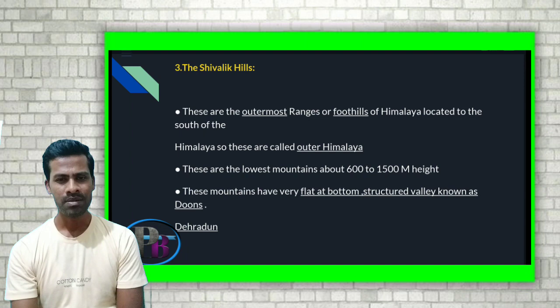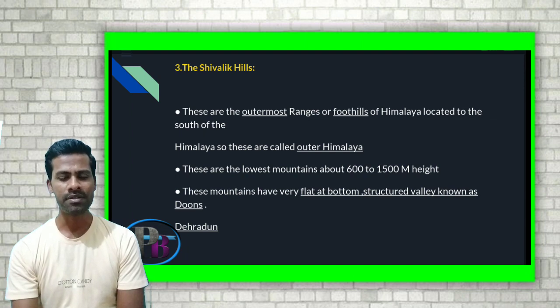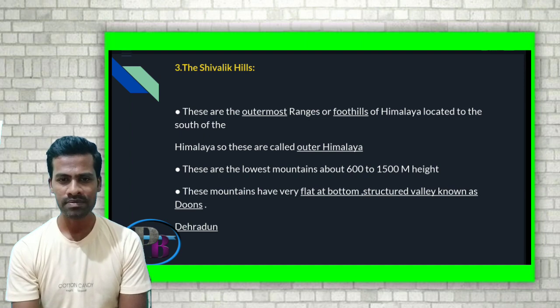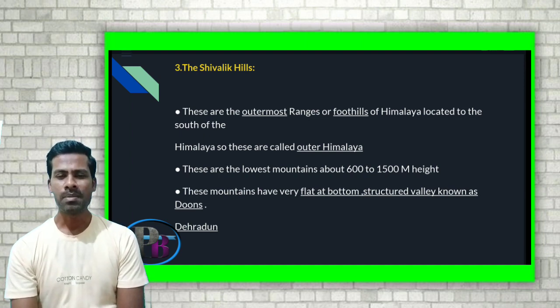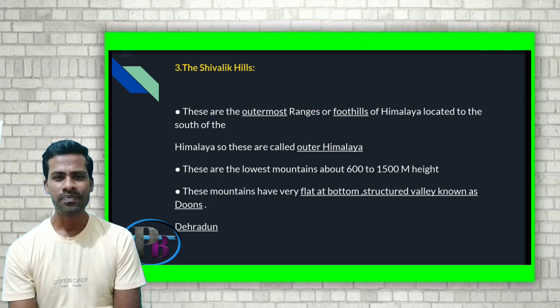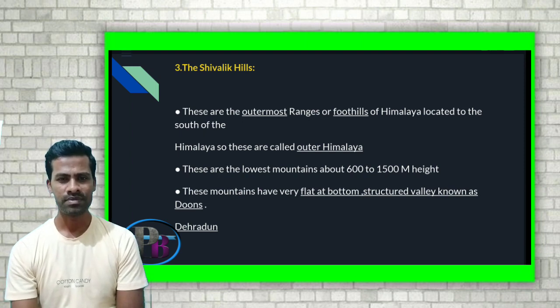This unique feature, the structural valleys and hills that are flat at the bottom, is called dunes. The best example for the dunes is Dehradun in North India.